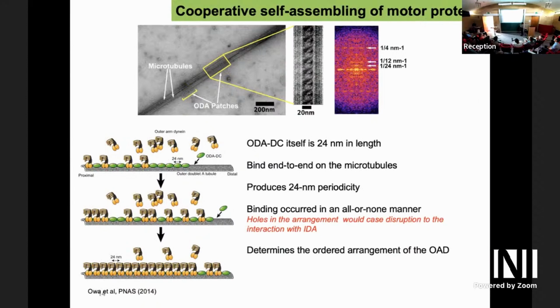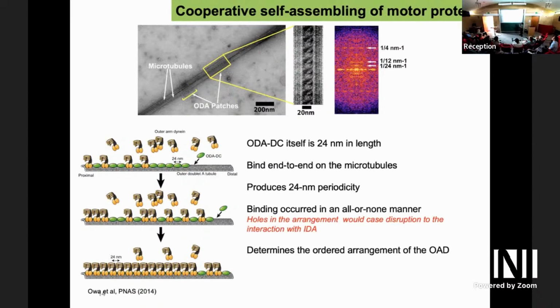The conjecture of this paper is that it is arranged in this way because you have this kind of periodic arrangement that is then used inside the flagella for another periodicity of 96 nanometers of another kind of motors.